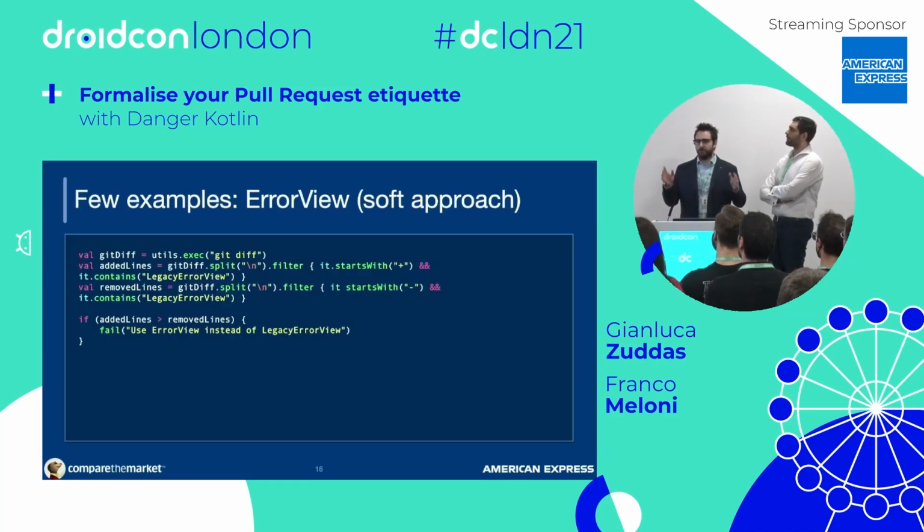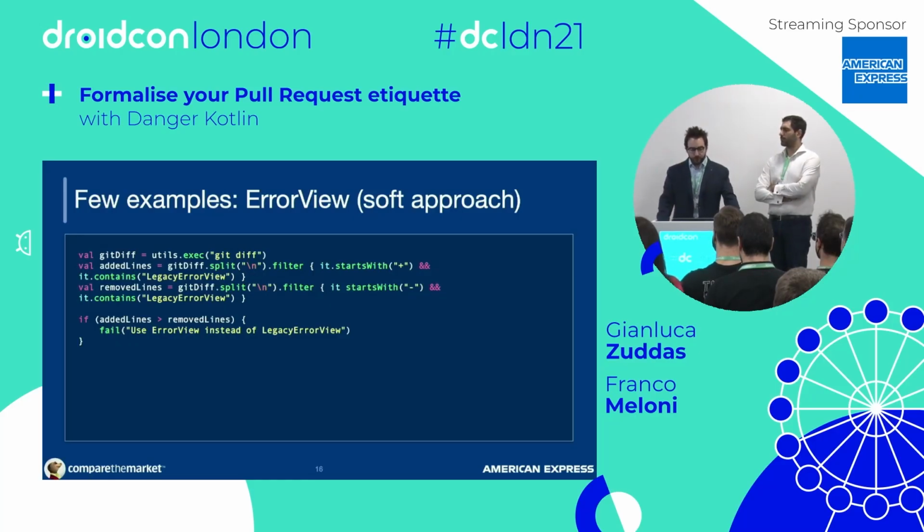First of all, going back to the first example, the one of the error view. Here you can see a soft way of doing it. We will try to flag only the times when a new instance of the legacy error view is used, without flagging things like when the code is reindented or when you move the code.